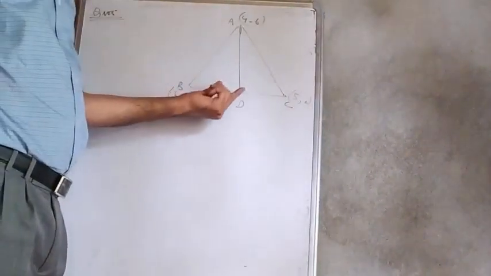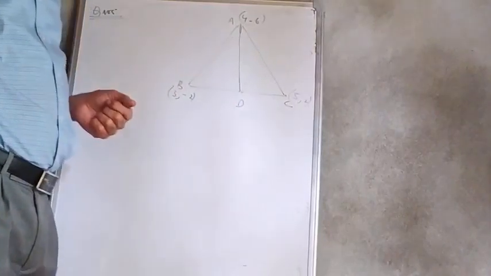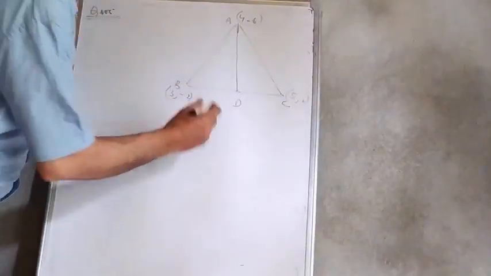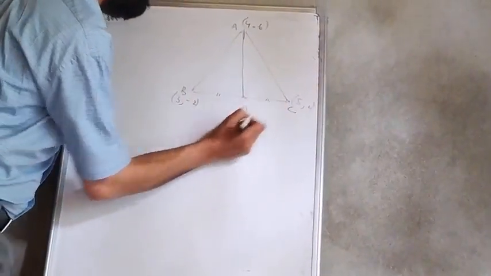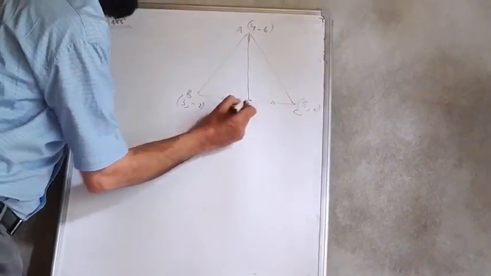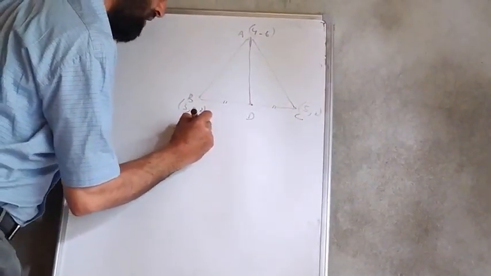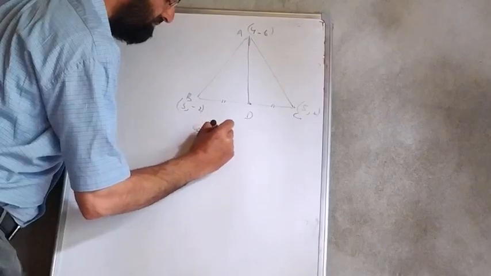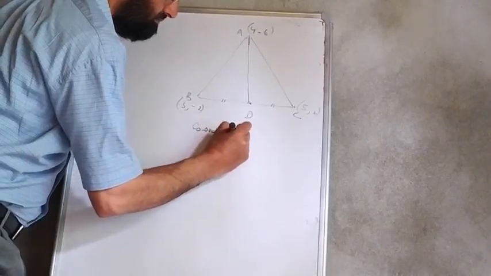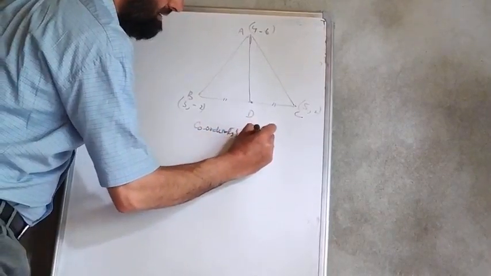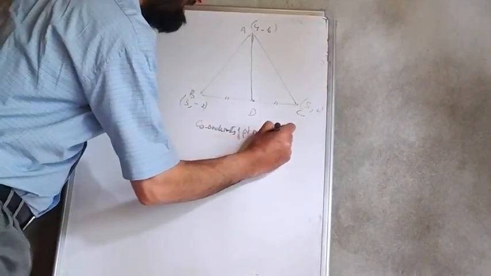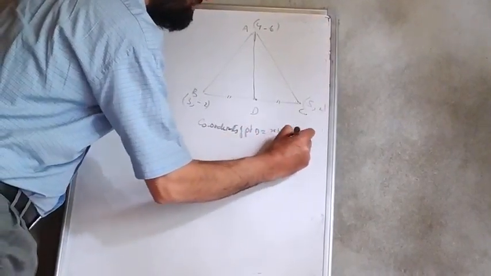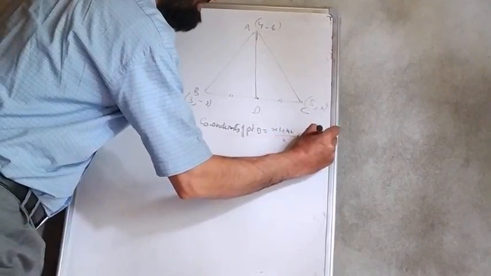Now let us find the coordinates of this point D first. This is the midpoint, so the coordinates of point D are (x1 plus x2) divided by 2 and (y1 plus y2) divided by 2.